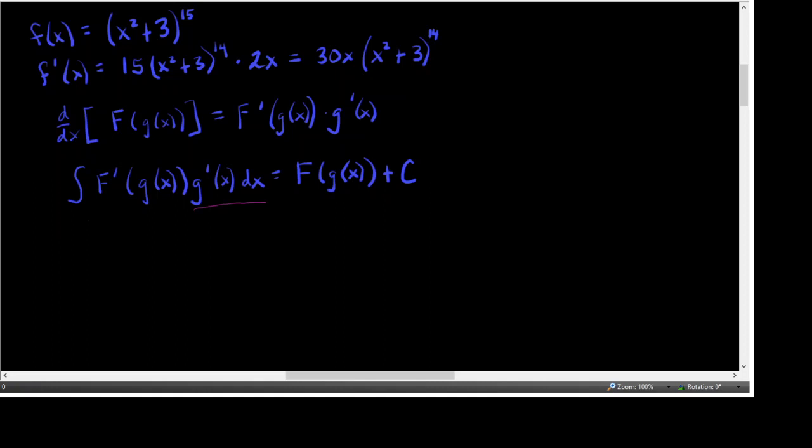So let's take a look at a few examples, and you can look at theorem 4.13, which is just a restatement of what we just said, except they also allow that g of x could be called u, and so it would be f of u, and then the derivative of u would be g prime of x dx, so that will be our du, and that becomes the antiderivative of little f, which is capital F, of that inside function plus c.